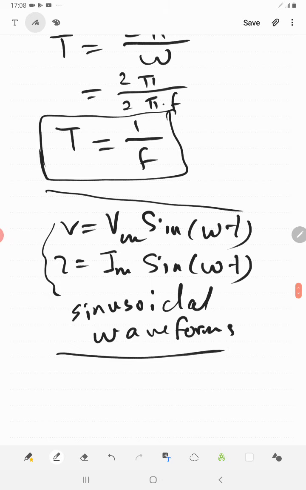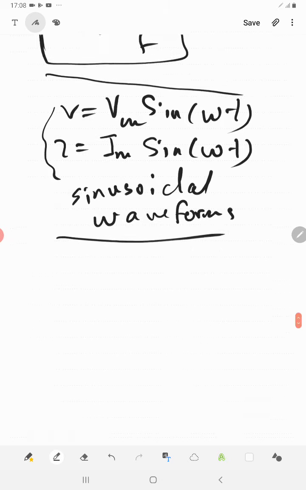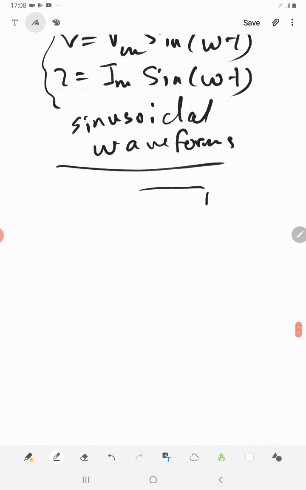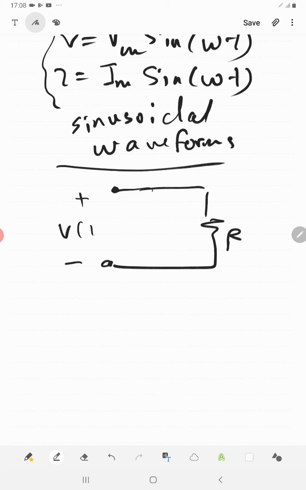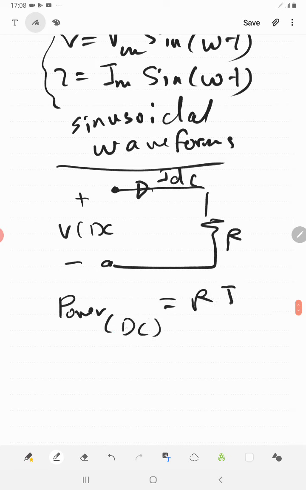Okay? Now, let's assume that we have a resistance R, and we apply a voltage here V DC, and we obtain I DC. So what is the power? Power of DC is equal to R I DC squared.